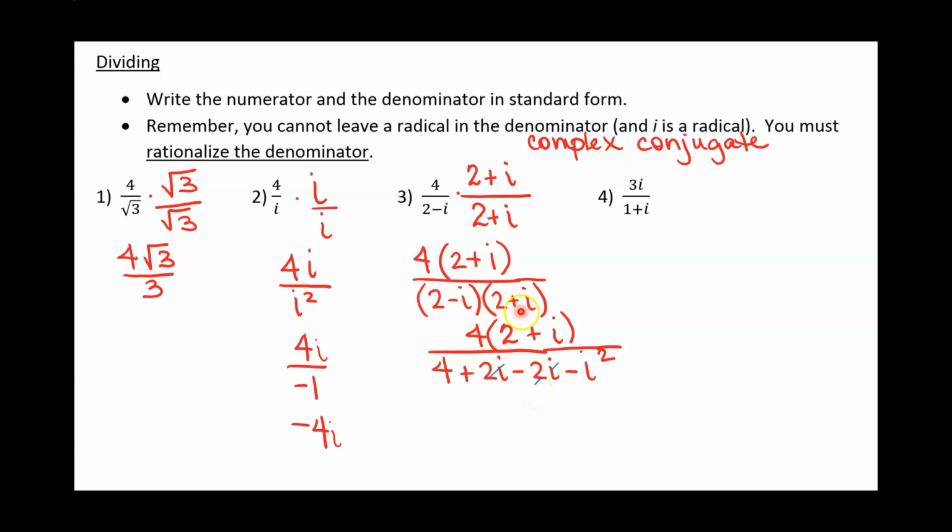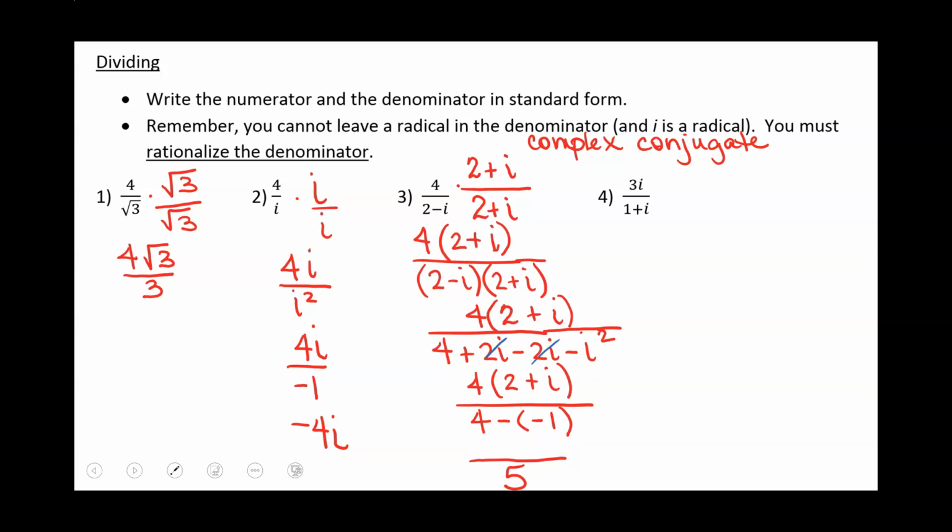And negative i times i is negative i squared. So the 2i and the negative 2i will drop each other out. And then i squared, of course, is negative 1. So 4 minus a negative 1 would give us 4 plus 1, or 5 in the bottom.